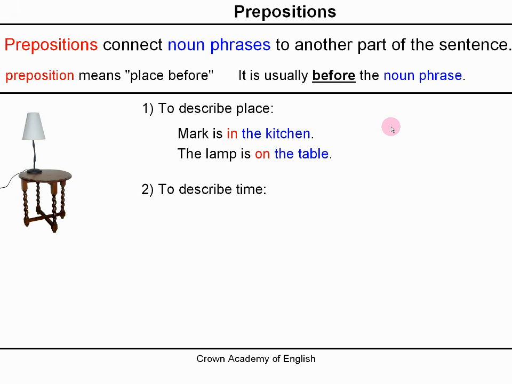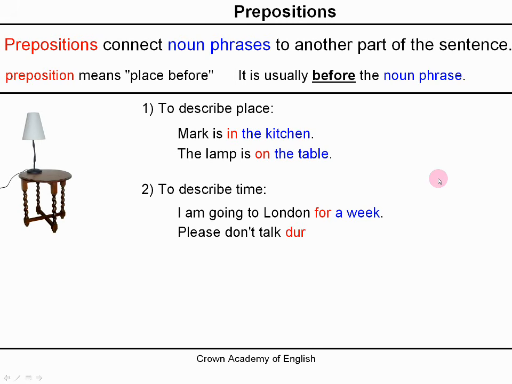They can also describe time. I am going to London for a week. So this one, for, it is in fact describing the duration. Please don't talk during the lesson. Again, this is describing duration. It's time. It's the concept of time.